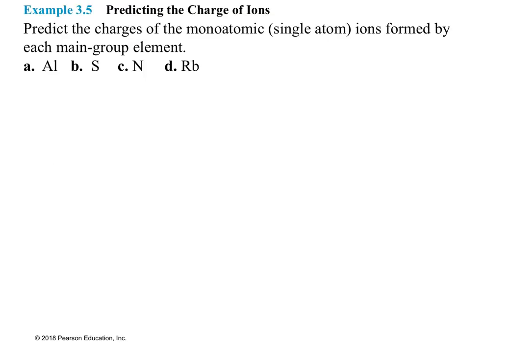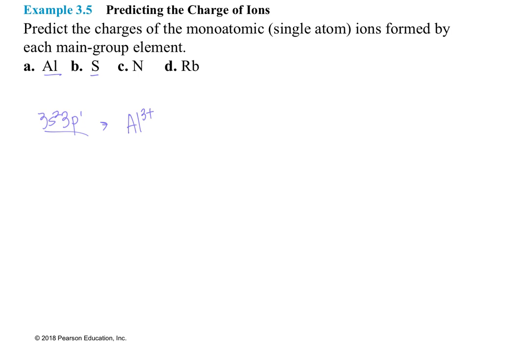So if we predict the charges, looking at where they show up on the periodic table, aluminum is a metal. It's on the left-hand side of the metalloid zigzag. It has a 3s2, 3p1 configuration. So it's going to lose those to become Al3+. Now sulfur is really close. It's in the nonmetal region, so we know it's going to gain electrons.